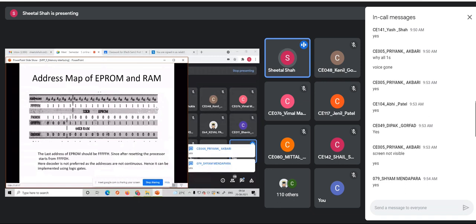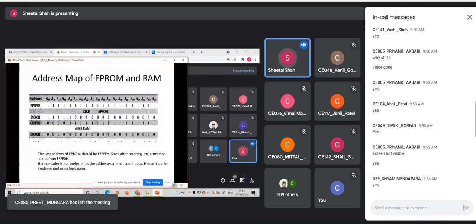All these bits should be ones. Since 14 lines should be there for the address, A1 to A14 would be all zeros for the starting address of that EPROM. And the A0 bit is used for selecting the bank, so this is 0 here and this is 1 here.